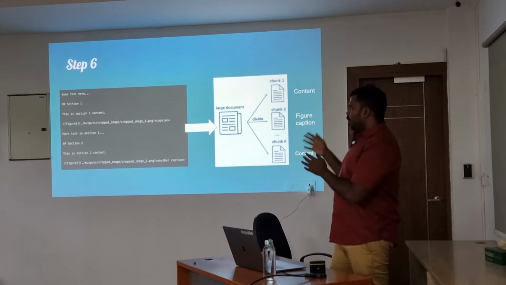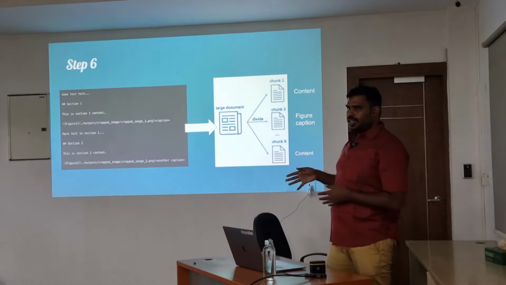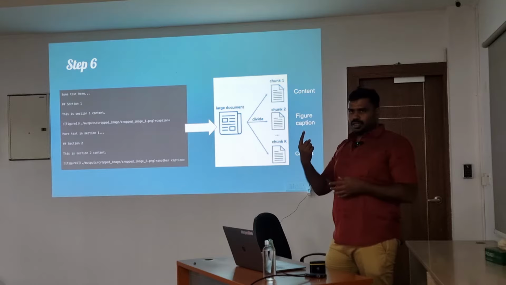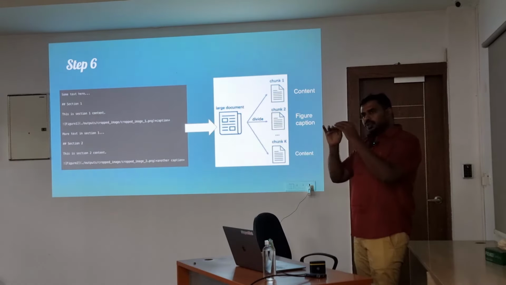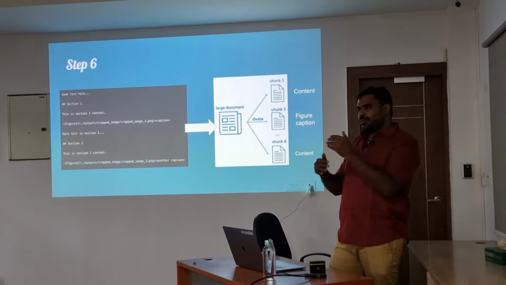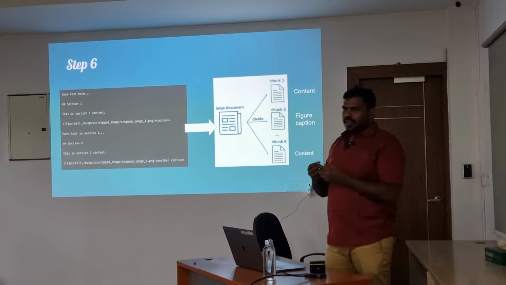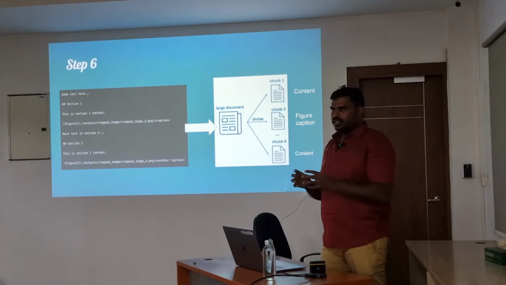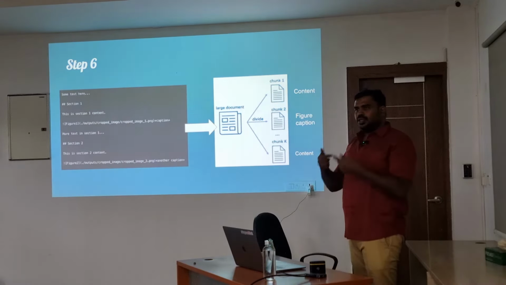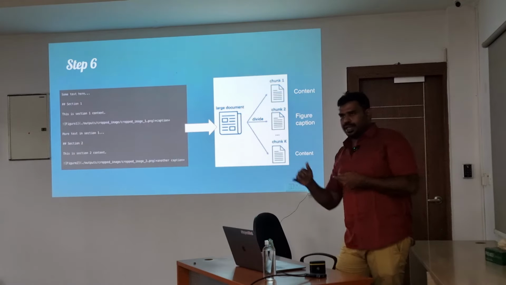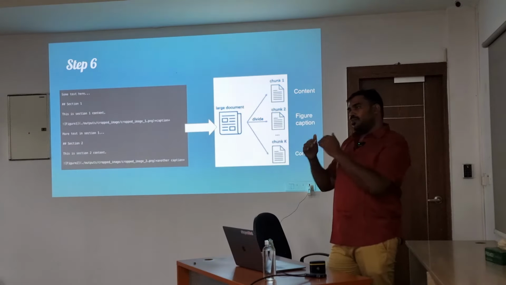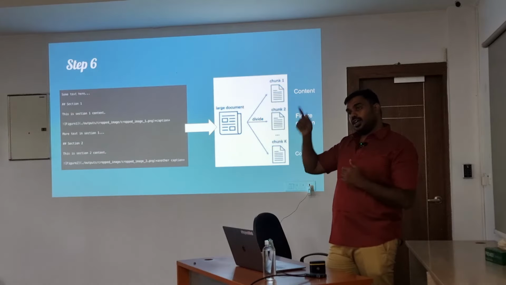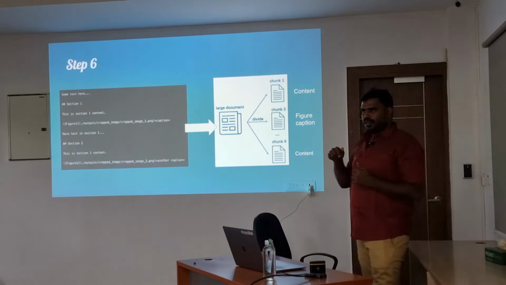For example, you can split the whole content line by line. That is one strategy. But if you split line by line, the meaning of the paragraph will be lost, right? So another strategy is you can split it by paragraph. If one paragraph is very long, again the context problem will arise, right?